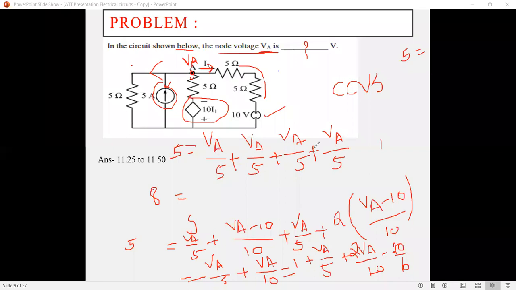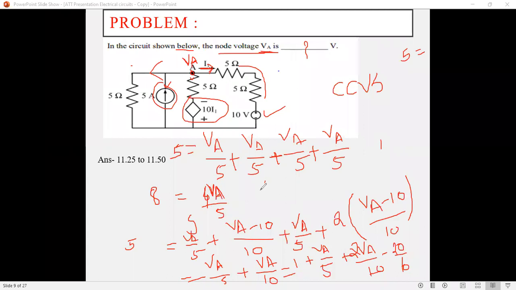So just do the addition of numerators, that is 4 VA divided by 5. So it becomes 4 VA divided by 5.